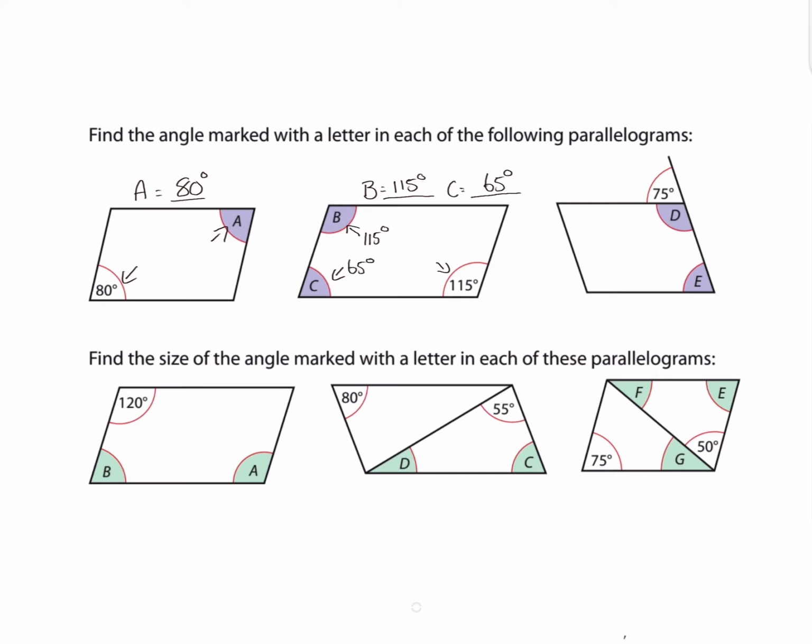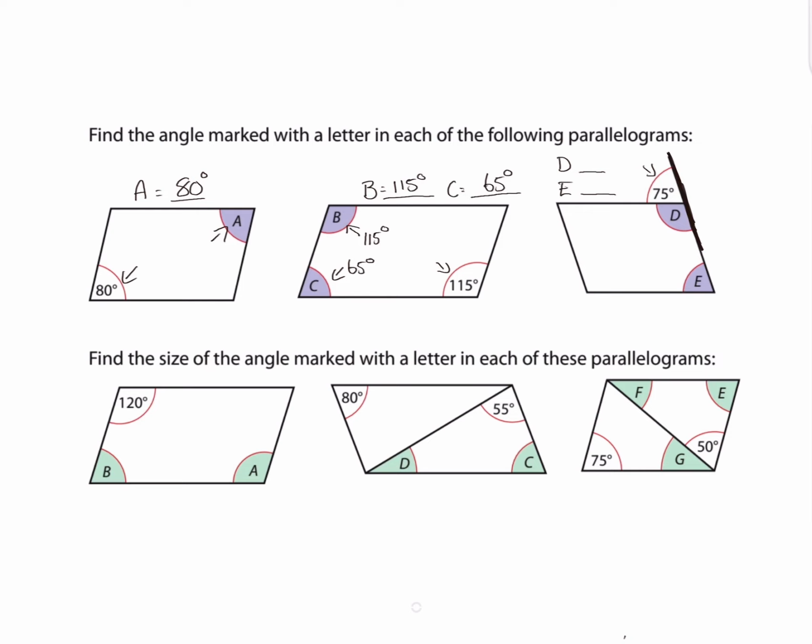Now, this one over here, we are looking for D and we are looking for E. Okay, let's look at this, okay? This line here is a straight line, isn't it? You can see with your eyes that it's a straight line. And you can see that this angle here is 75. Now the angle of a straight line is, you're right, it's 180.